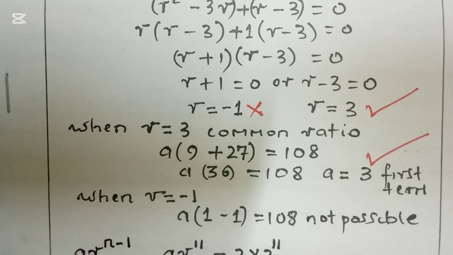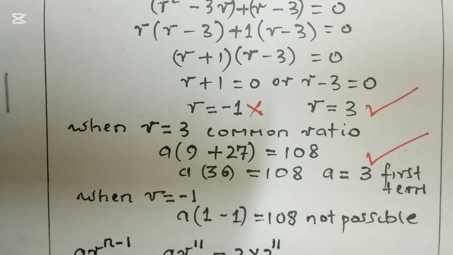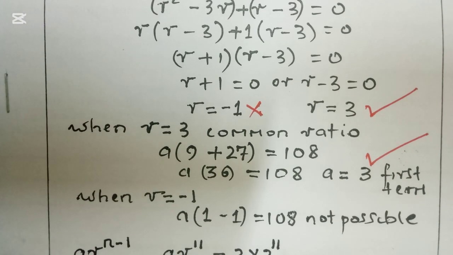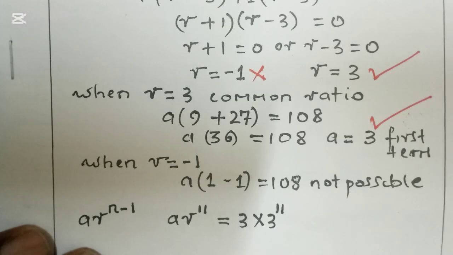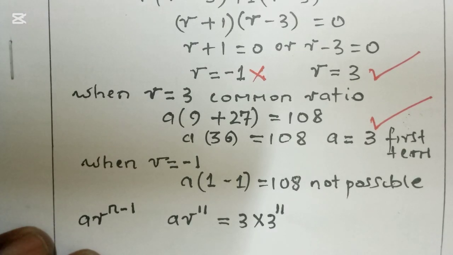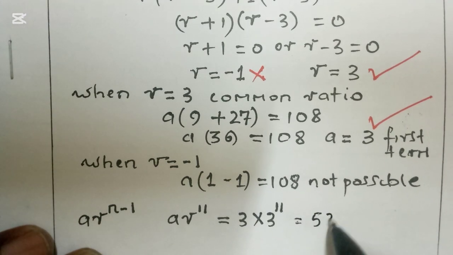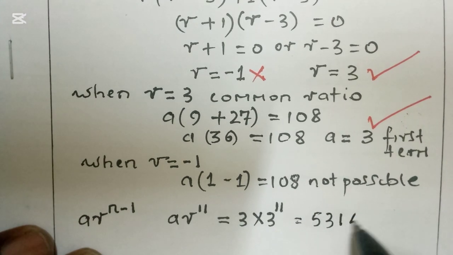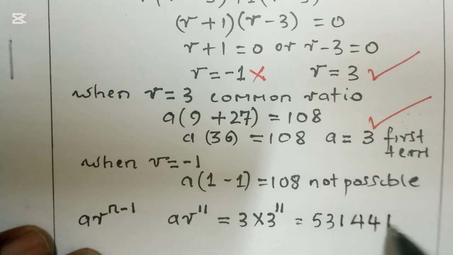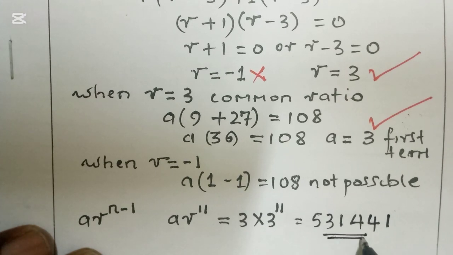So for the 12th term it is going to be a r raised to 11. So we can now look for 3 raised to 11, which is equal to that, times 3 equals that. So this is 5, 3, 1, 4, 4, 1. So this is our 12th term.